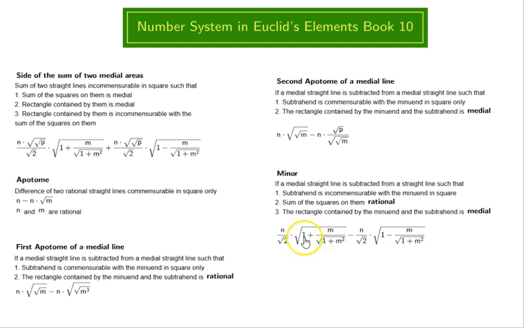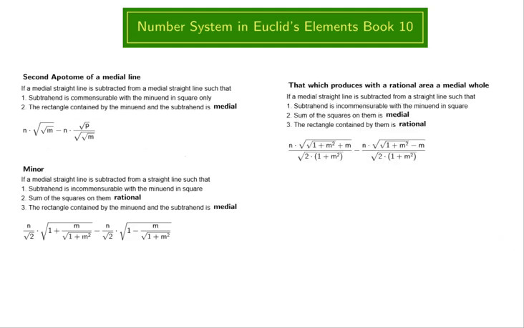And here, m by square root of 1 plus m squared minus m by square root of 1 plus m squared will get cancelled out. So we will have n squared by 2 times 2, 1 plus 1. Remember, don't ignore this subtraction because here we are talking about the sum of the squares on them being rational. So we will end up with a rational sum of the squares. Now, if we multiply these two, we will end up with a medial.